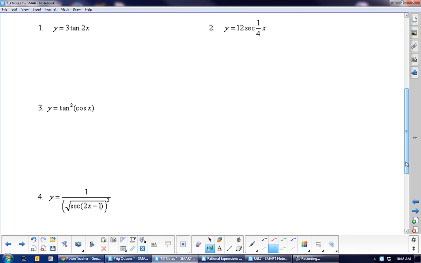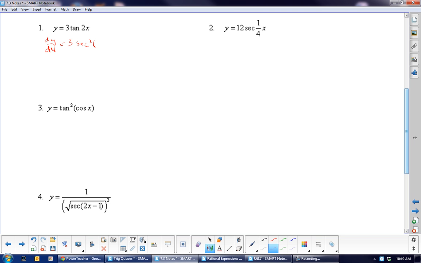But you don't get formula sheets, so that's just the way it goes. Okay, so you can either have your formula sheet out, or you can be looking at the top of the page. But these are all on your formula sheet. So if we had 3 tan 2x, the 3 is going to stay there. So dy over dx would equal 3. And then tan u is secant squared.